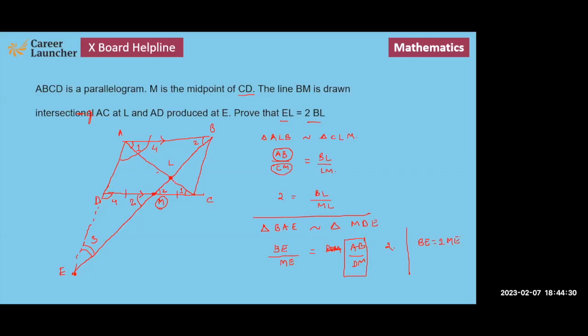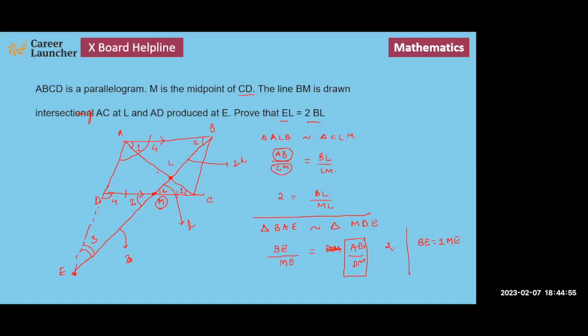So अगर मैं इसको, if I take this length as L, this length is 2L. So this length is going to be equal to BM. BE is how much? Is equal to twice of ME.